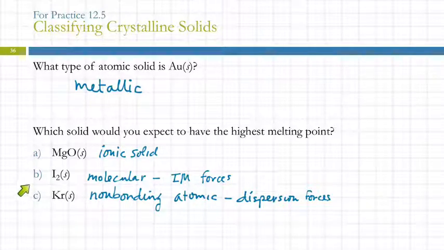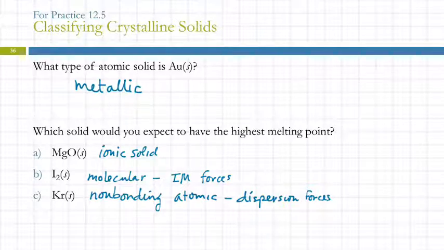So we're looking at these three solids and identifying what's holding them together. So MgO is held together by ionic bonds. I2 is held together by intermolecular forces, which would be what for that one? I2. Does it have hydrogen bonding? It doesn't have hydrogen in it, and it can't possibly.